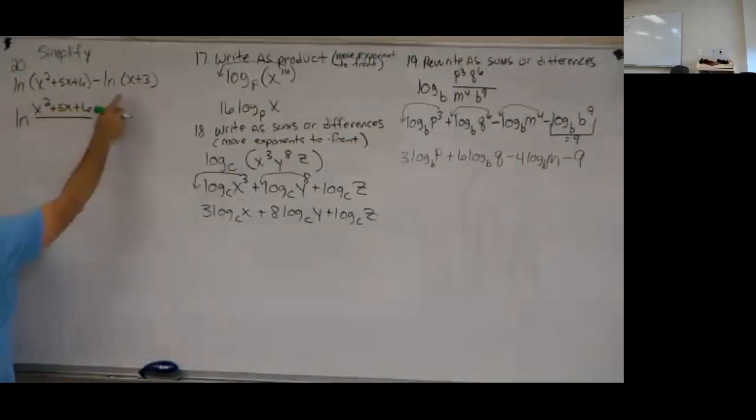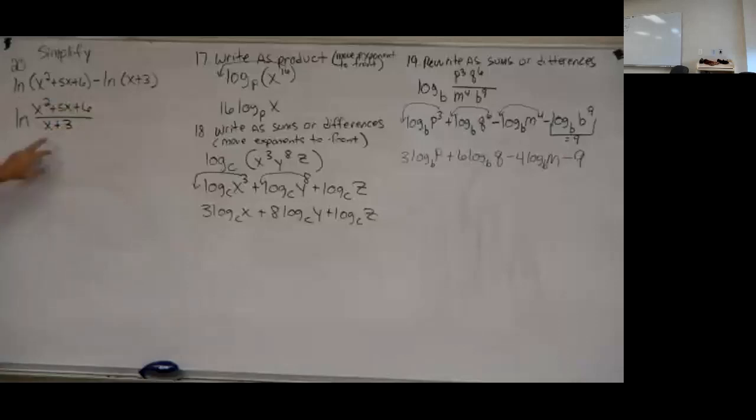This part's being subtracted, so that factor is going to the bottom. So we got the answer, but it's not simplified yet. To simplify this, anytime you got trinomials, you want to factor them. Now, the bottom I can't factor because that's just the x plus 3. But I do got to factor the top.